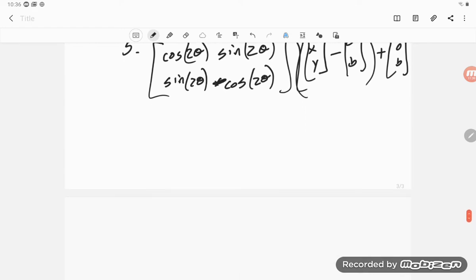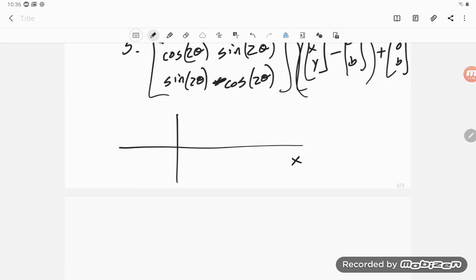Okay, so let's try that with, again, I like to go with simple examples just to see, does it look like it's working? Okay, so here's y equals 1.